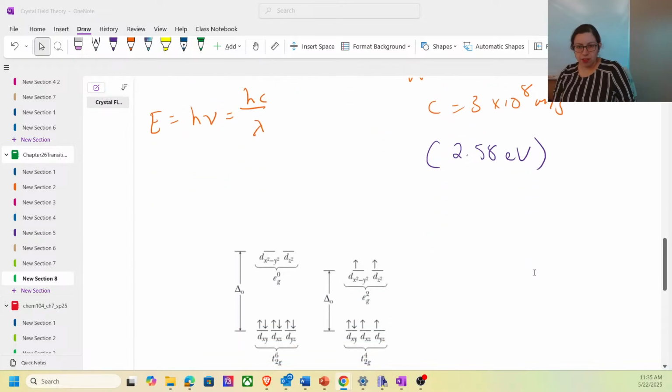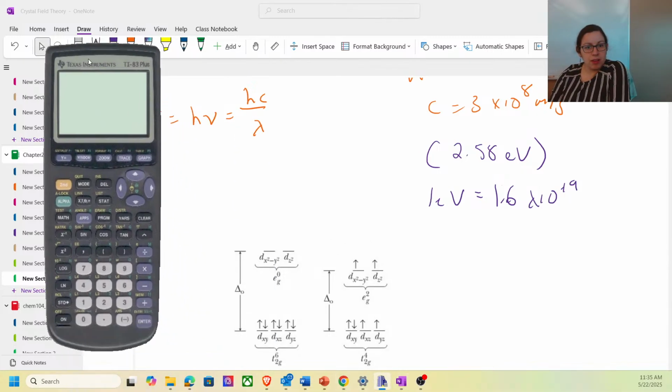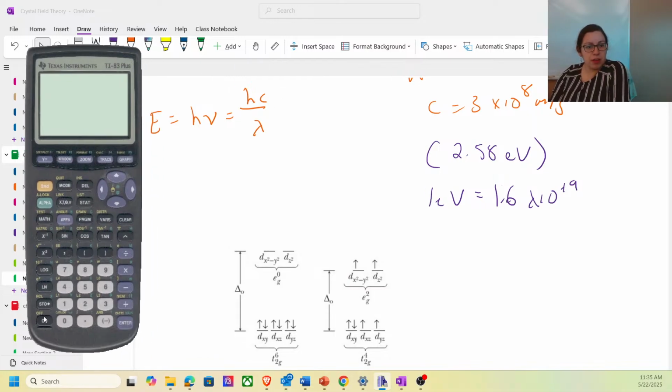So I had to look at the conversion. So 1 electron volt is 1.6 times 10 to the negative 19 joules. So let's see. And then you can also let me know what other people got solving it with our joules unit while I convert this answer.